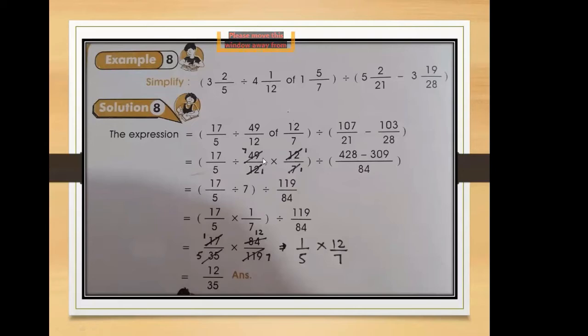So we can easily simplify it. 12, the cross value of 12 is 12. 12 divided by 12 becomes 1, and 7 divided by 7 becomes 1, and 49 becomes 7. So it is easily canceled out. Now in the next step, what is left? 17 over 5 divided by 7 multiplied by 1, 7.